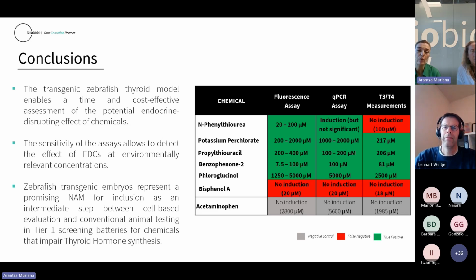So the concentration that is really inside the embryo is not the one that you are seeing here. This is something to take into account when you are working in zebrafish and also in vitro, for example. I'm familiar with aquatic testing, so yeah.